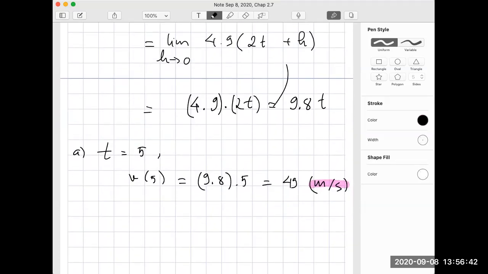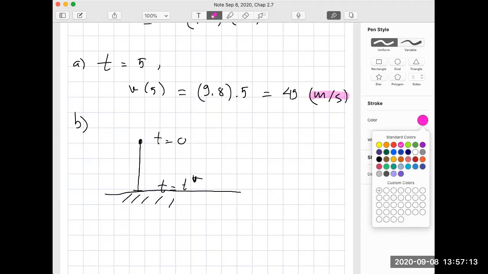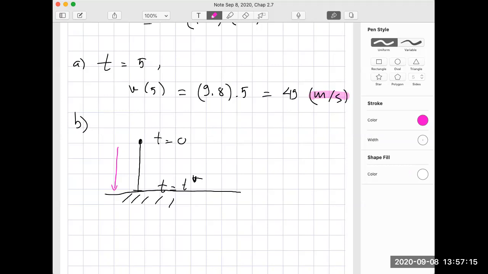Now, look at this. In the second question, suppose we don't know. At the time t equal to 0, the ball is here. After some time, t equal to t0, or let us call it t star, it hits the ground here. Therefore, the distance here is given as 490 meters.